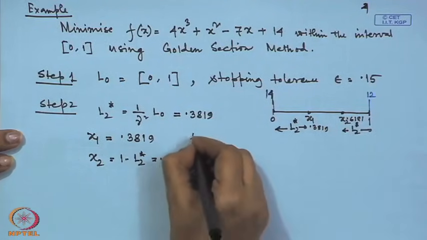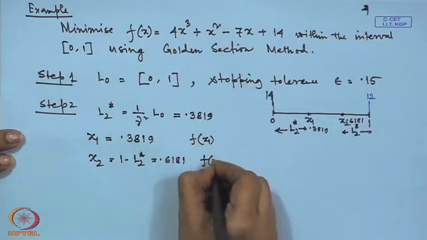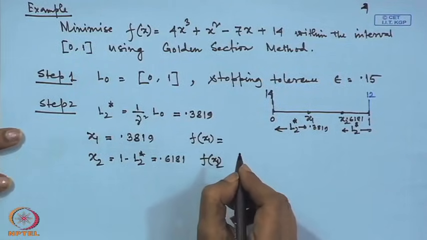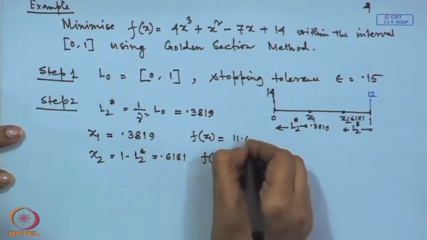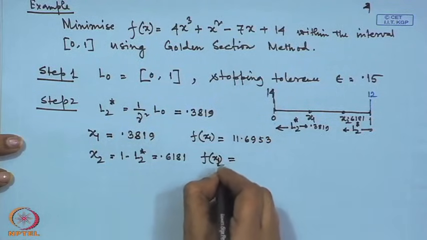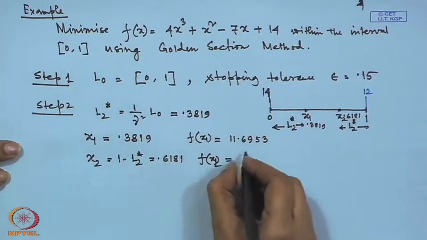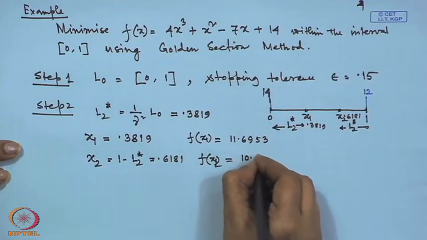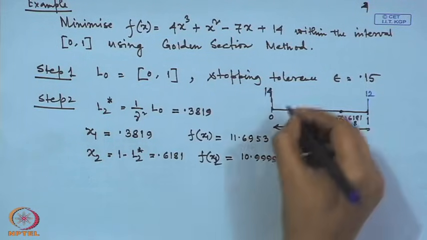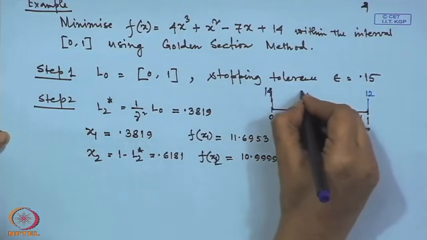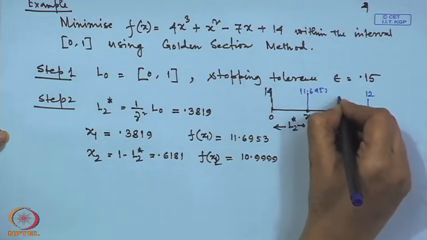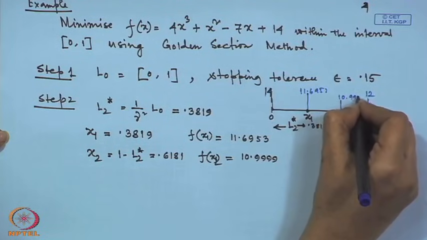Let us see the functional value at x1 and x2. The functional value at x1 is 11.6953, and if we substitute the value x2 in the given function, the functional value comes as 10.9999. If we draw it here, at x1 it has a higher value, 11.6953, and at x2 a lower value, 10.99.